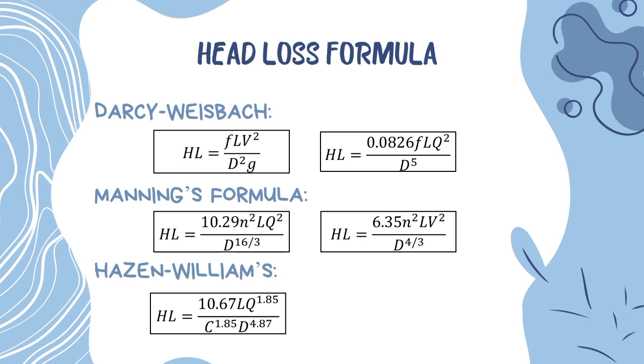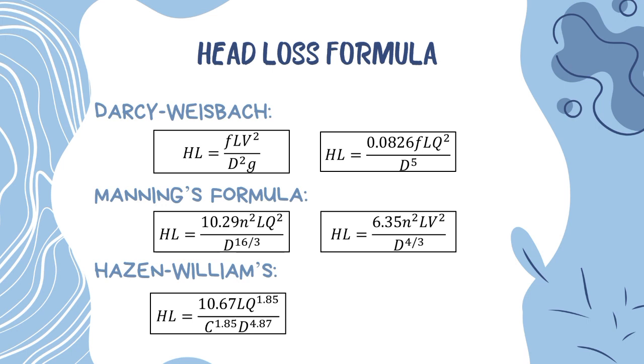And for the second one, we have Manning's formula. HL is equal to 10.29 N squared LQ squared over D to the power of 16 over 3, or we can go with HL is equal to 6.35 N squared LV squared over D to the power of 4 over 3, where N is our roughness coefficient.